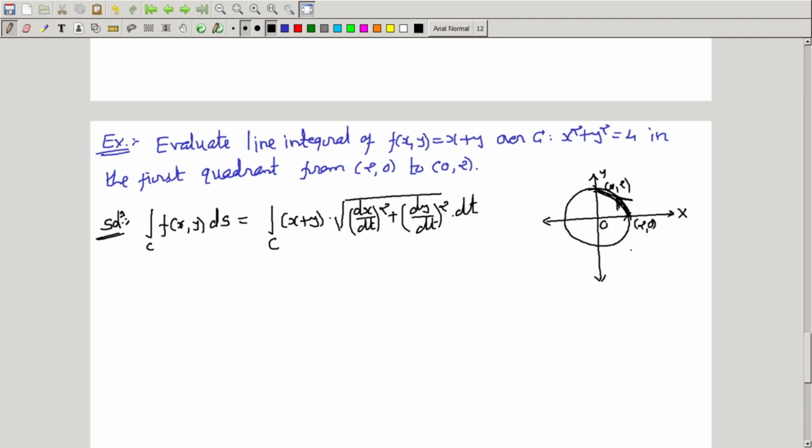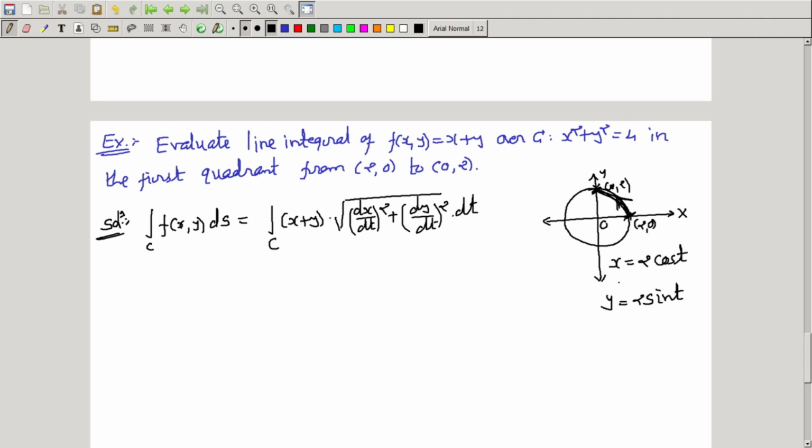So for this circle, the parametric equations are this: x equal to r cos theta, r is radius, so this is x is equal to twice cos t, and y is equal to twice sin t. Clear? What is t? T is the angle from 0 to pi by 2, right?